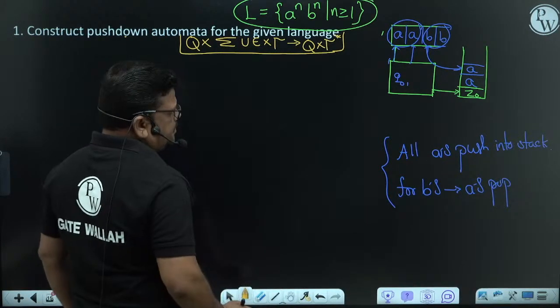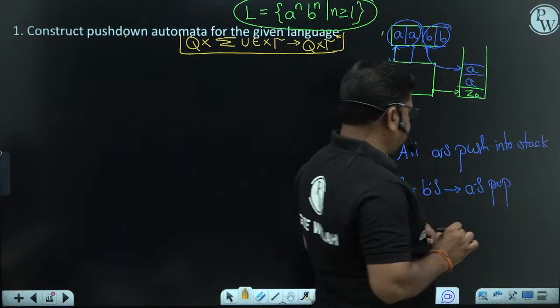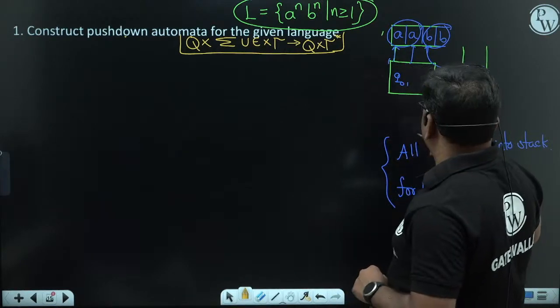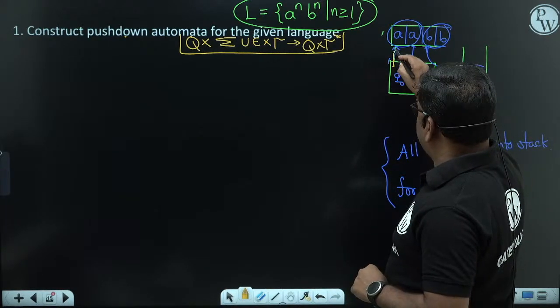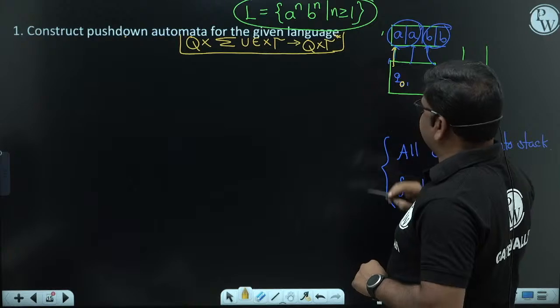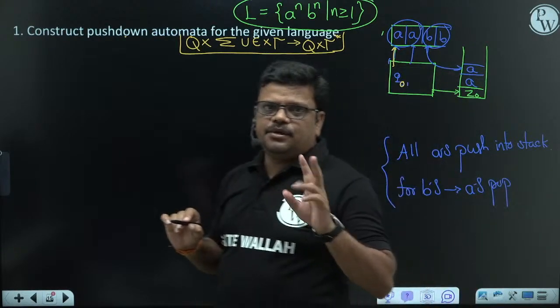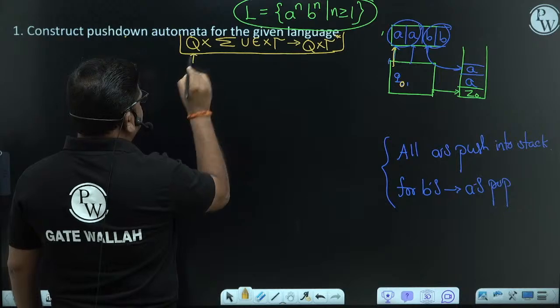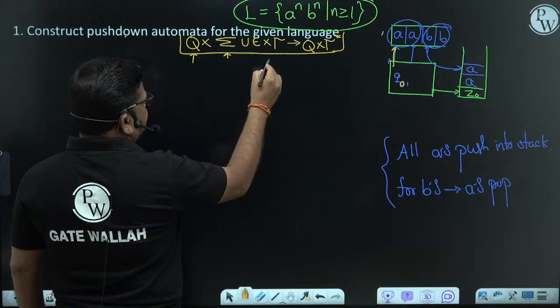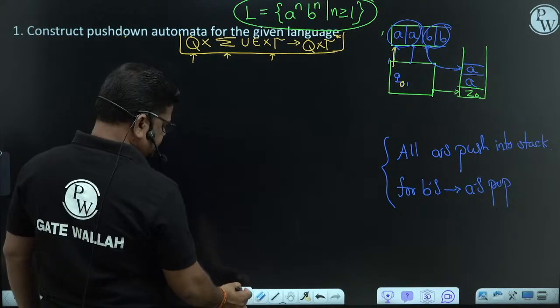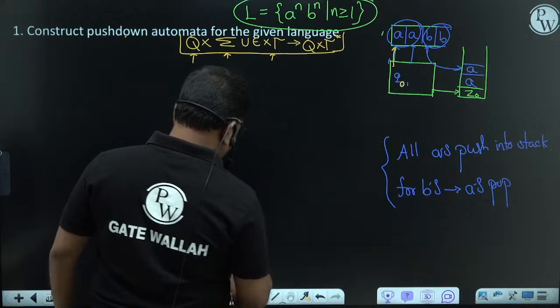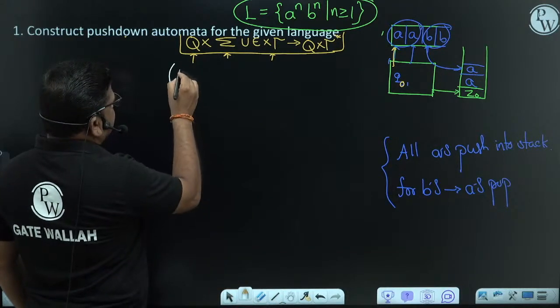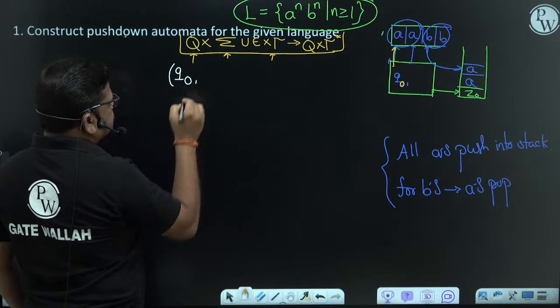So let me start from the initial situation. Initially we are in Q0. See, the decision will be taken based on three things: what is our state, what is our input, what is our top of the stack. So initially I am in state Q0.